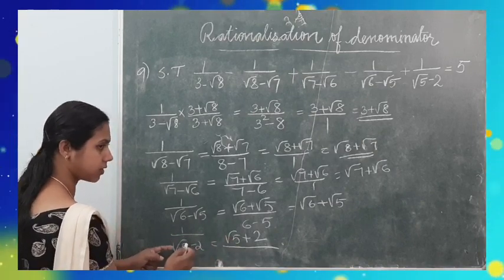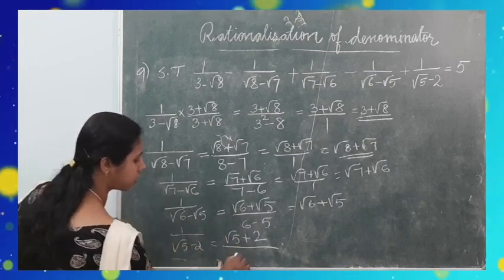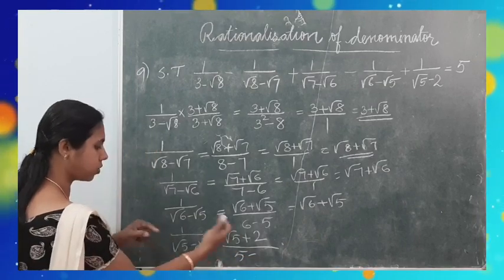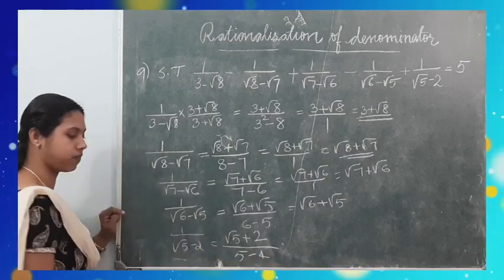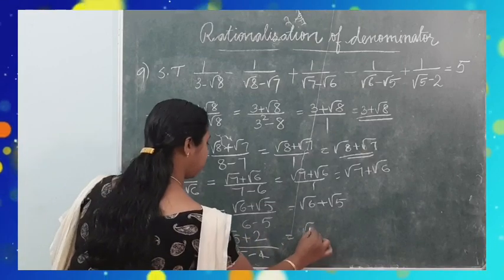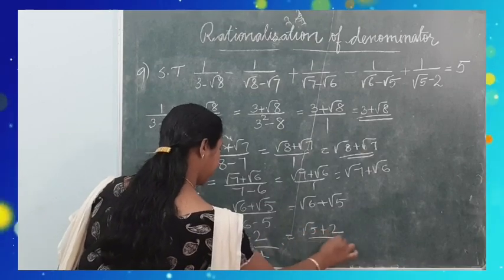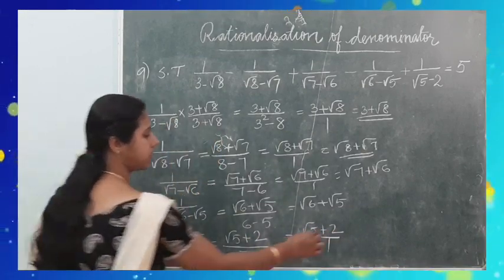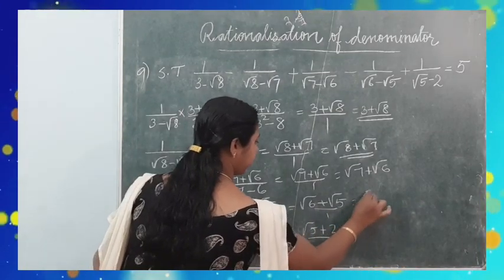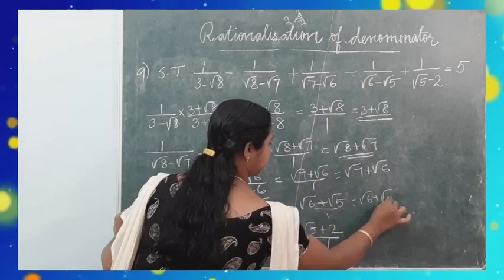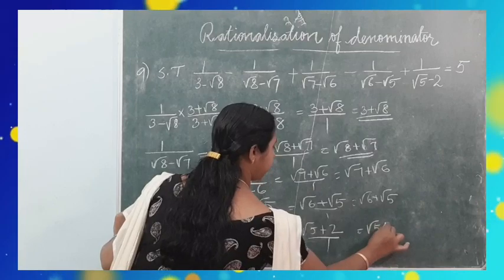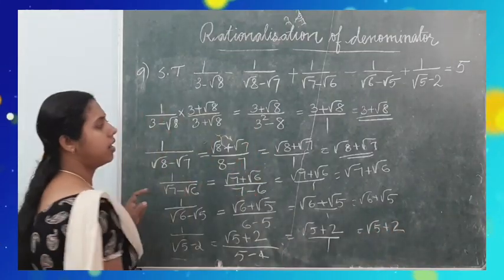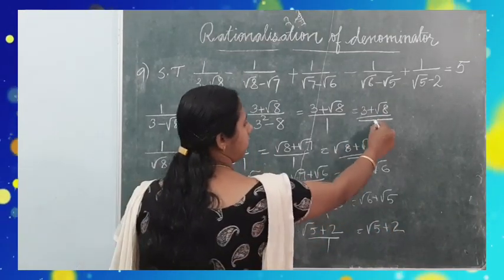That is a square minus b square. Root 5 whole square is 5, 2 square is 4, 5 minus 4 is 1. So it is equal to root 5 plus 2. Now we got all these answers.